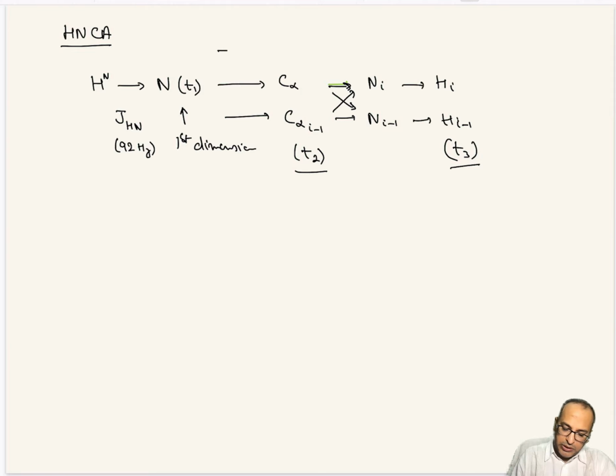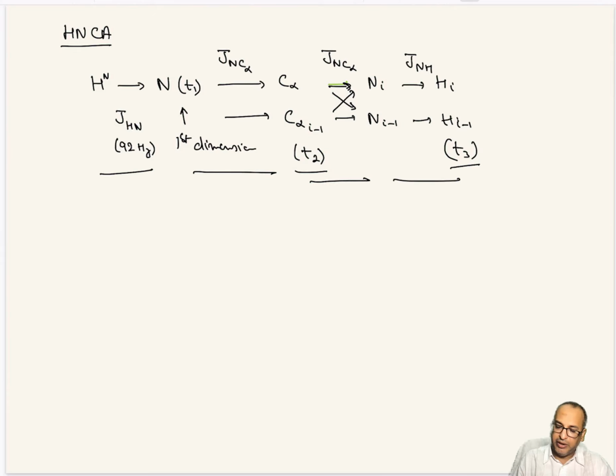So from nitrogen to C alpha, you evolve under NC alpha coupling, again you evolve under NC alpha coupling, and here you evolve under NH coupling, right? So you can understand what sort of pulse program blocks are involved. So you have INEPT here, reverse INEPT here, reverse INEPT here, right?